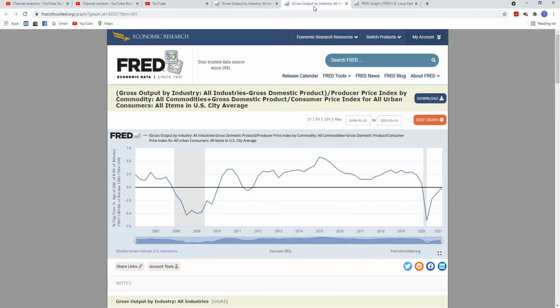Now, all that being said, it stands to reason that if we're measuring the producer side of the economy, and we combine it with the consumer side of the economy, that gives us a measure of total economic growth. But how do we control for prices then? In the GDP numbers, we control it by taking GDP and dividing it against the consumer price index, okay?